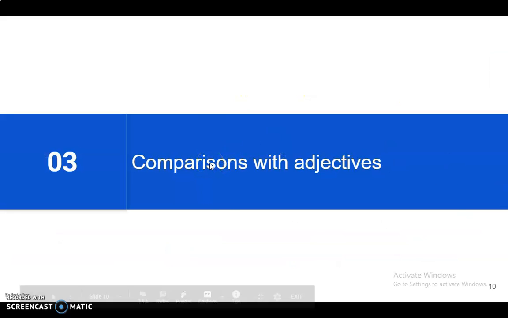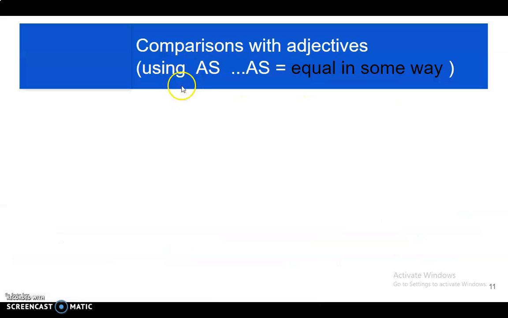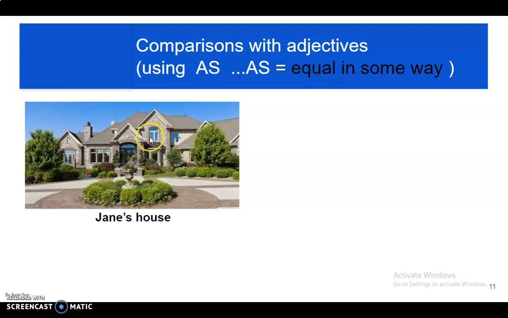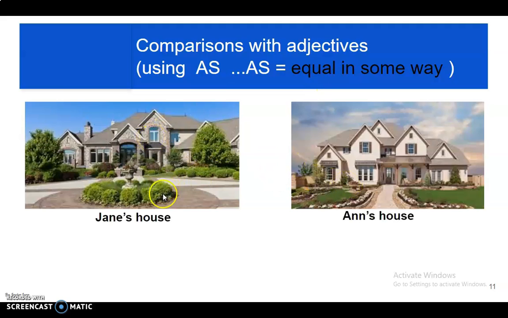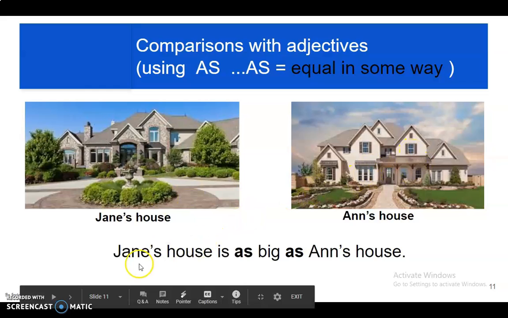Let's talk about comparisons with adjectives. When you make comparisons with adjectives, you can use this pattern, as... as, which means equal in some way. Here we have two houses, Jane's house and Anne's house. I could say that Jane's house is as big as Anne's house.